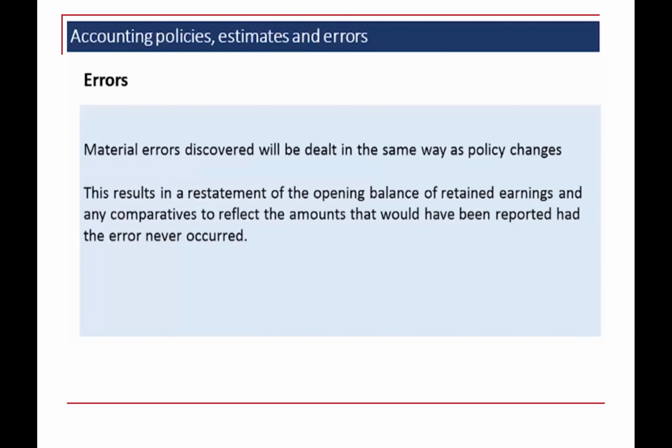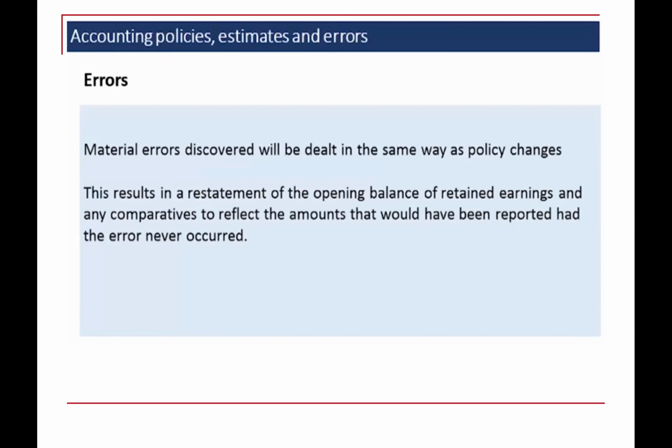Right? So material errors discovered will be dealt with in the same way as the policy changes that we talked about. This results in a restatement of the opening balance of retained earnings and any comparatives to reflect the amounts that would have been reported had the error never occurred.